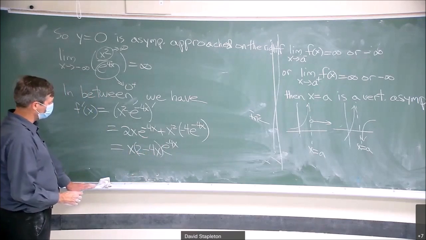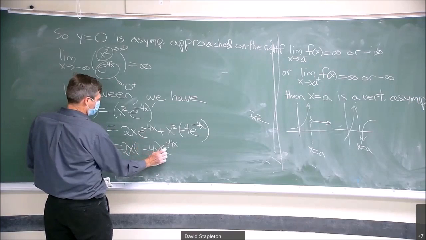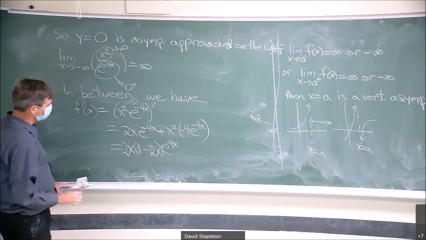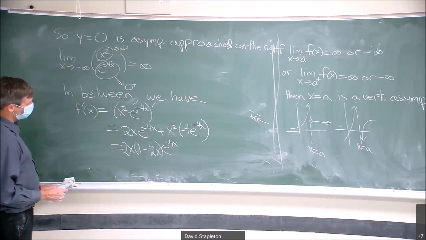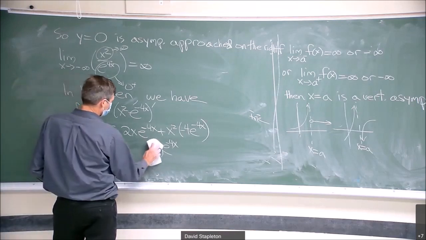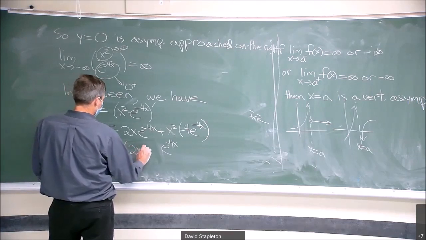Actually, I could have pulled out a 2, couldn't I? Let's call it 2x times 1 minus 2x e to the minus 4x. There's how it factors. You know what? I'm sorry. I want to do this a little differently. I should call it 2x minus 4x squared.